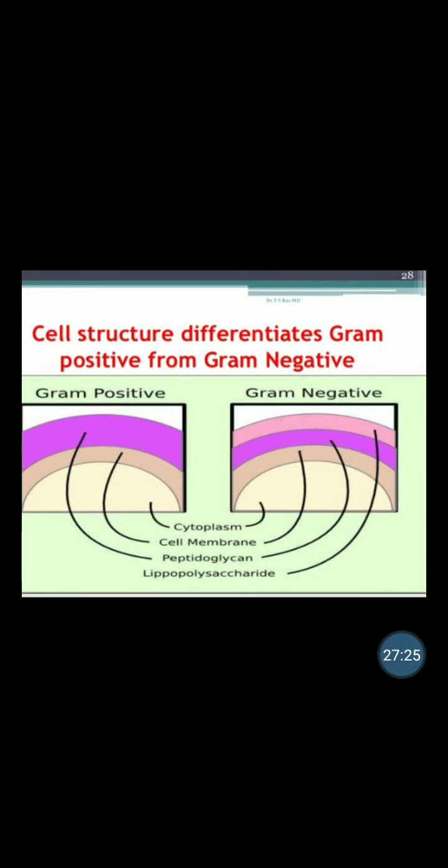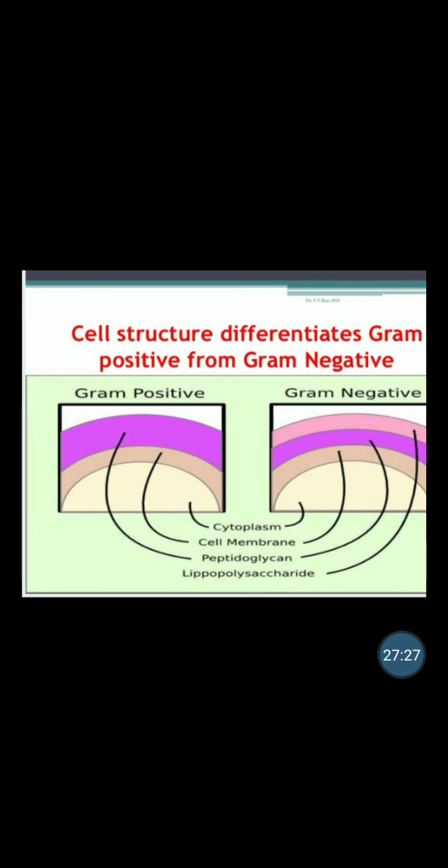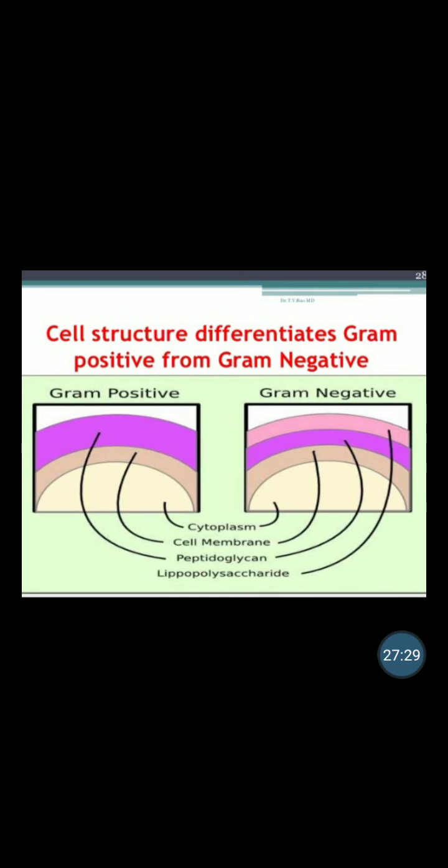Then here we can see the difference between Gram positive and Gram negative bacteria. The cytoplasm is present in both Gram positive as well as Gram negative bacteria. The cell membrane and the peptidoglycan are also present in both.